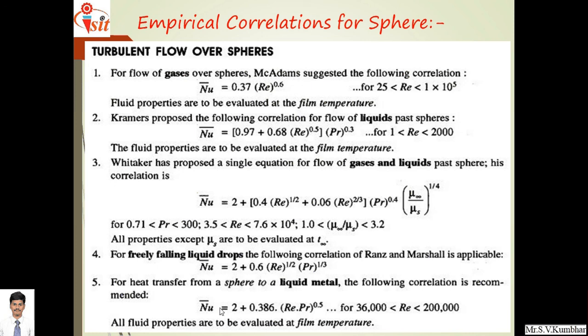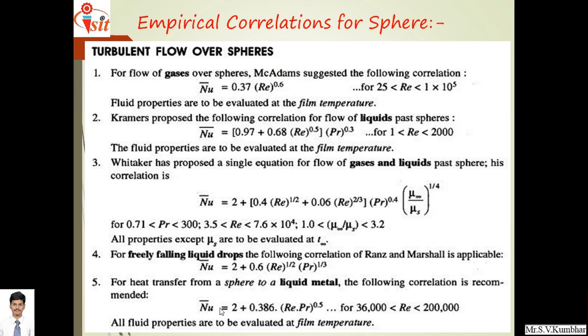Whitaker has proposed a single equation for gases and liquids past a sphere, that is Nu is equal to 2 plus [0.4 Re raised to 1 by 2 plus 0.06 Re raised to 2 by 3] Prandtl number raised to 0.4 into (mu infinity upon mu s) raised to 1 by 4, and the condition is that the Prandtl number must be greater than 0.71 but less than 300.